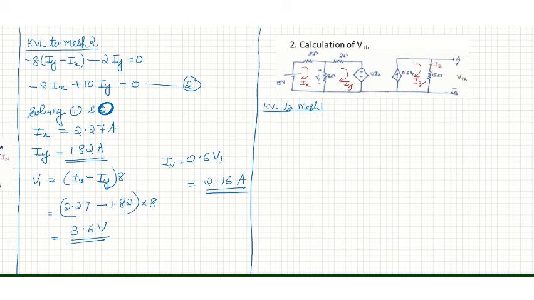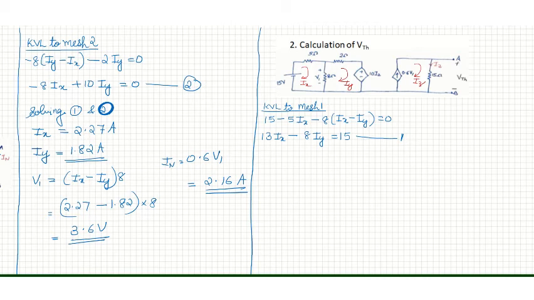Applying KVL to the first loop, the equation will be 15 minus 5ix minus 8 into (ix minus iy) equals 0. It will be 13ix minus 8iy is equal to 15, which is marked as equation number 1.